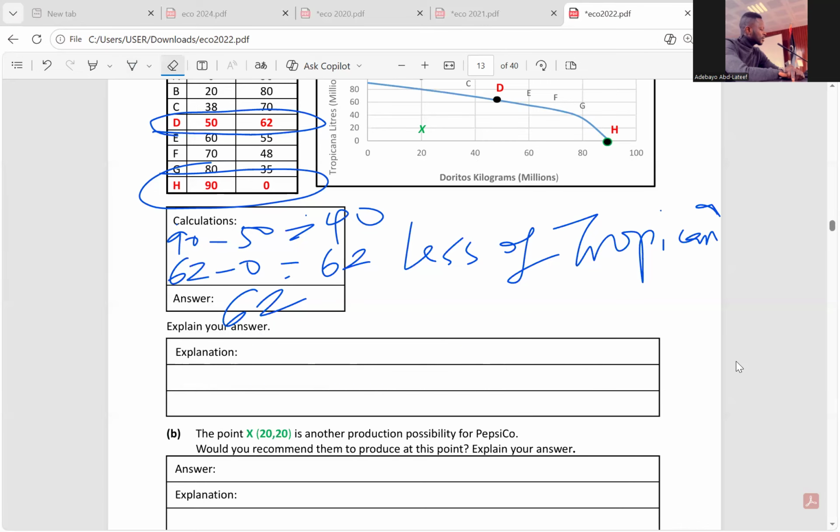Producing 90 kg of Doritos means 0 kg of Tropicana. Is it clear?